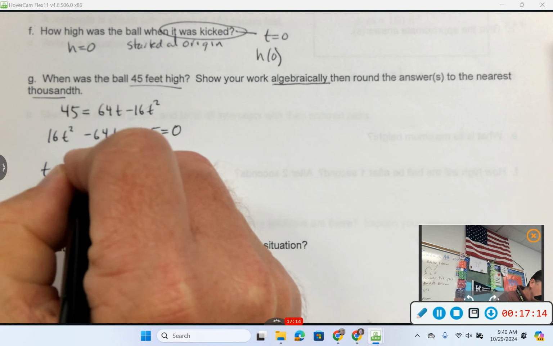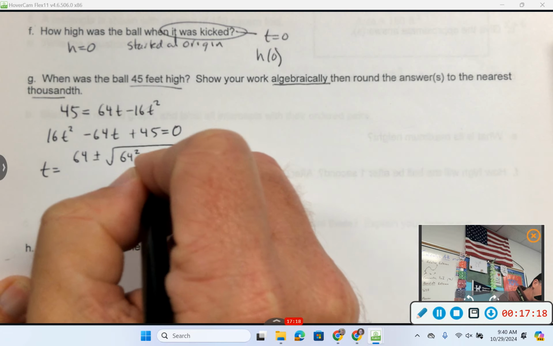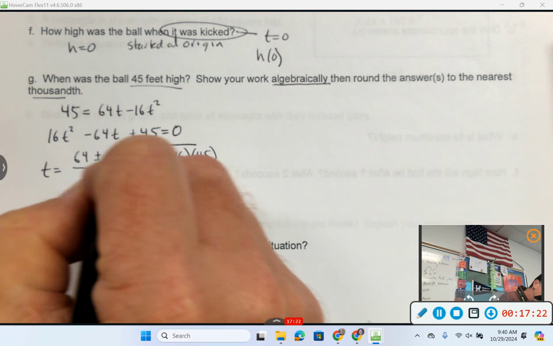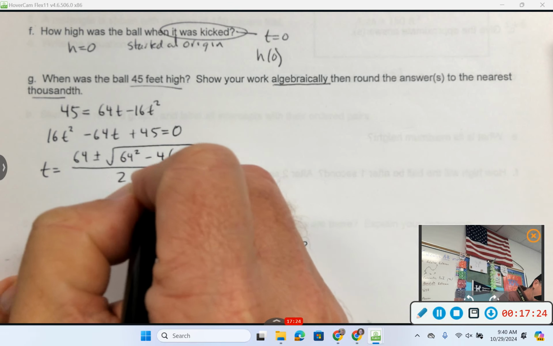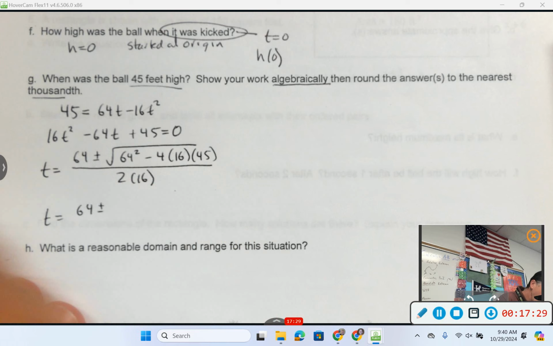t equals negative b plus or minus the square root of b squared minus 4ac, all over 2a. All right.